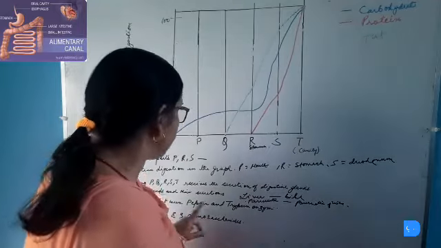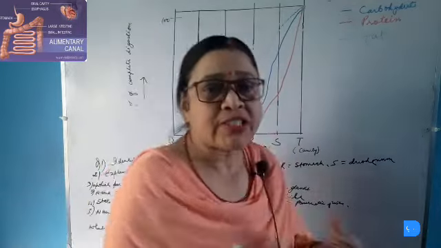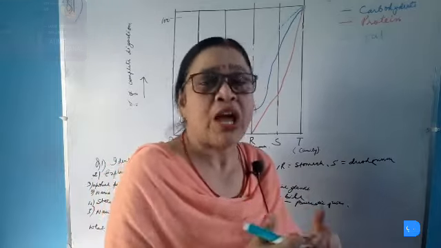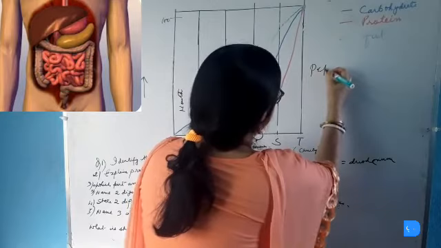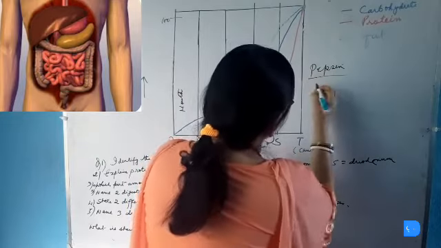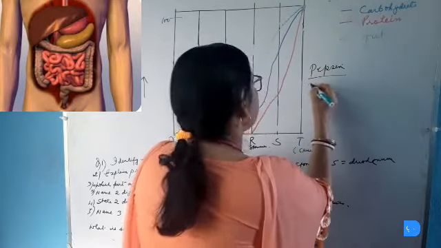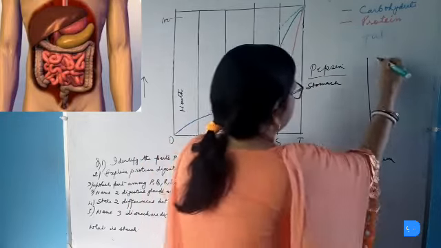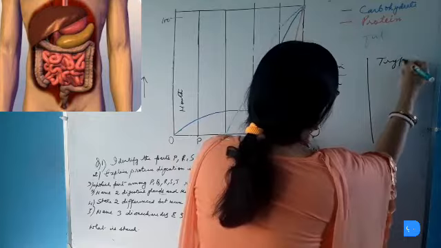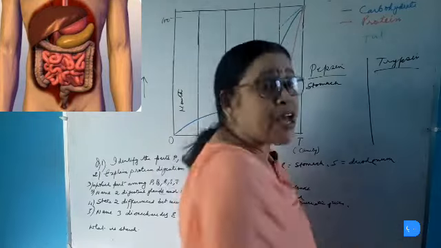State two differences between pepsin and trypsin enzyme. While studying the graph, we have come across the two enzymes pepsin and trypsin. Pepsin enzyme is produced in the stomach, and trypsin enzyme is produced in the pancreas. Both these enzymes help in digestion of protein.